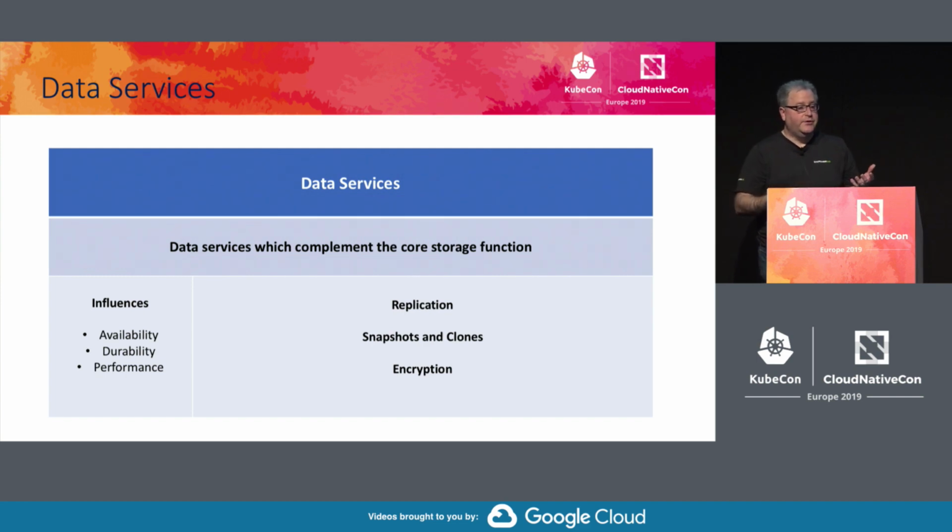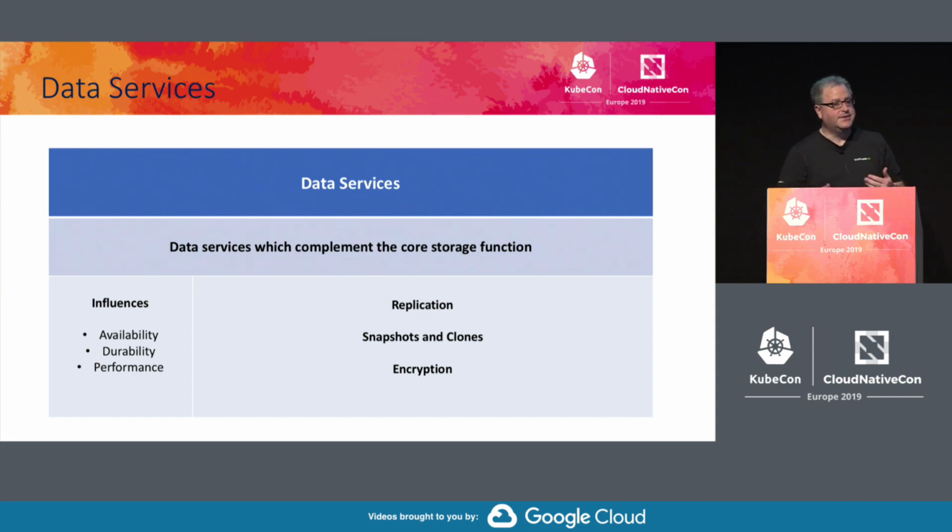Storage systems also provide a number of different data services. And those data services tend to complement the rest of the storage system, but can actually be key to the architecture and to the patterns that you're defining within your application. So things like replication, where perhaps a storage system might give you protection across availability zones or different geographic areas.